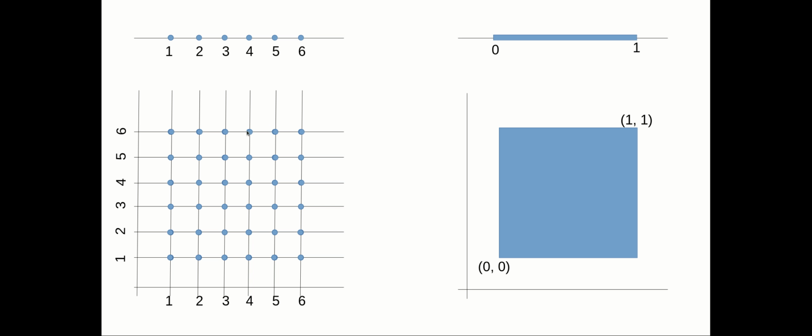So we have 36 points in this two-dimensional lattice, right? So the sample space for this two-dice scenario is going to be this two-dimensional lattice with 36 points. That's the sample space for throwing two dice together.